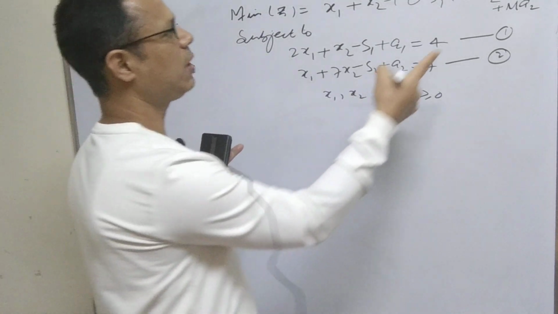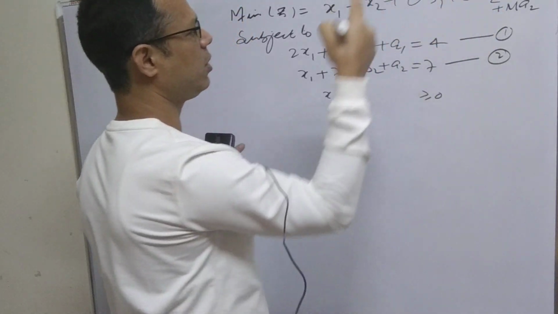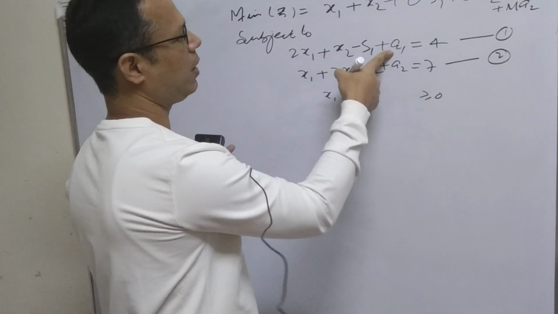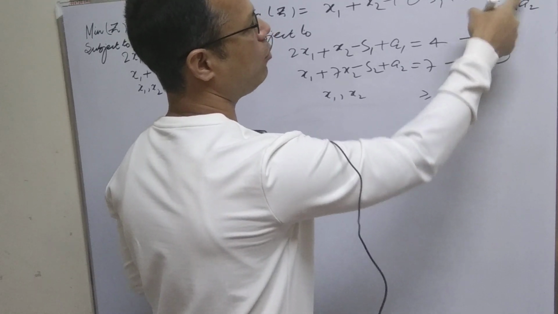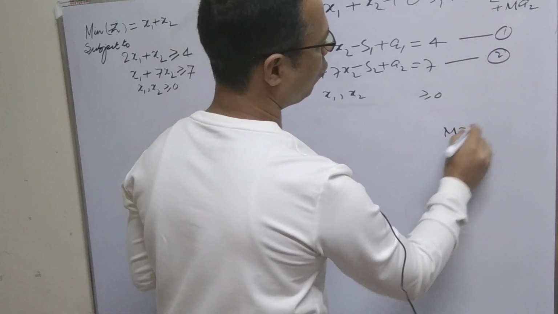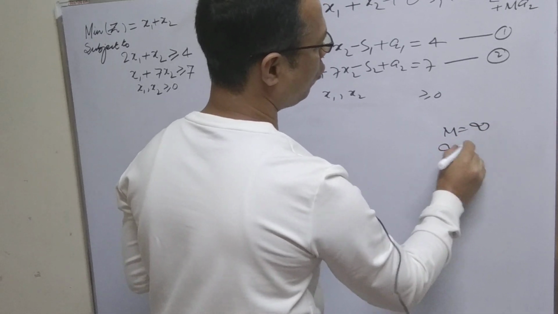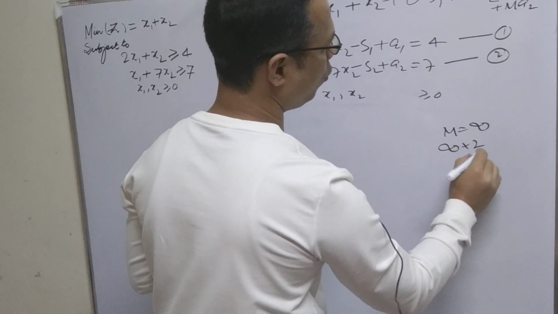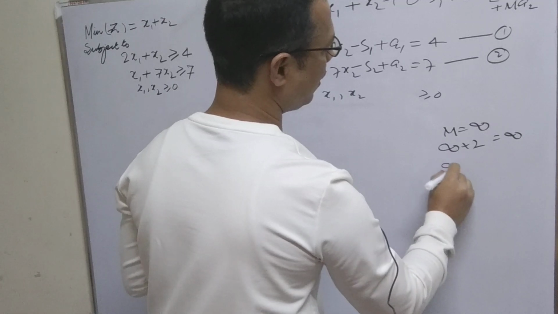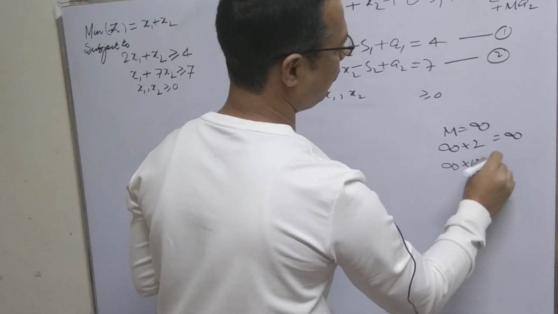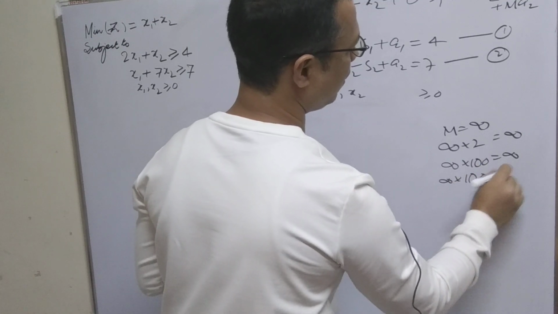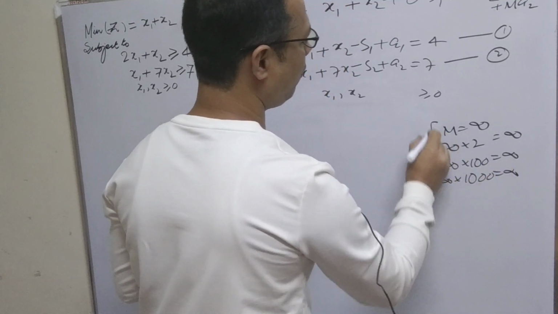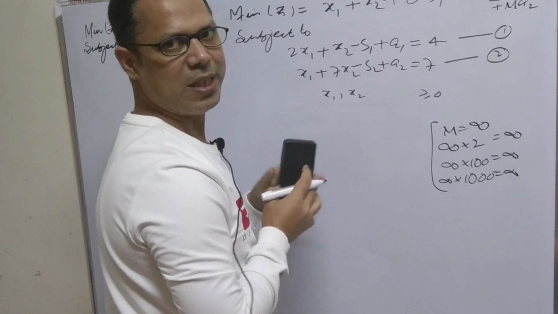So if this very large positive value gets multiplied with any values, suppose M is going to be infinity. Infinity multiplied by 2, the result will be infinity. Infinity multiplied by 100, the result will be infinity. Infinity multiplied by 1000, the result will be infinity. It means infinity will always give the result infinity.